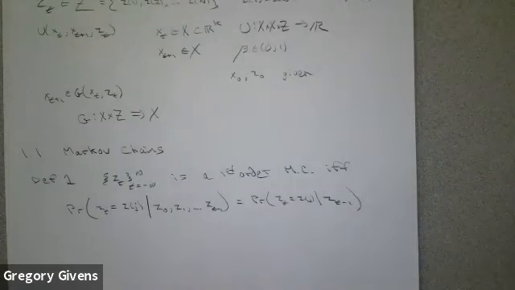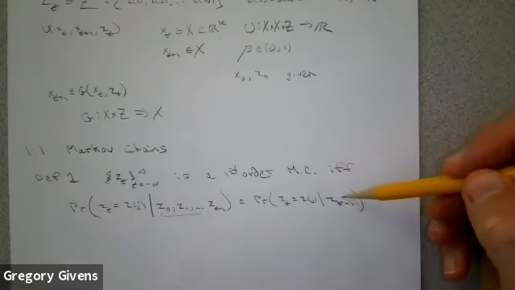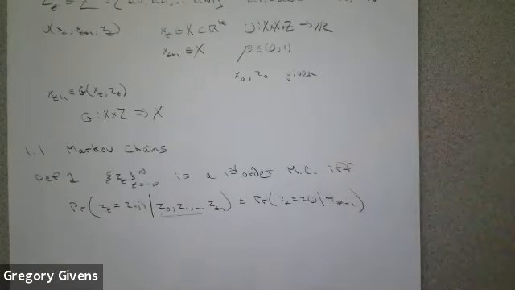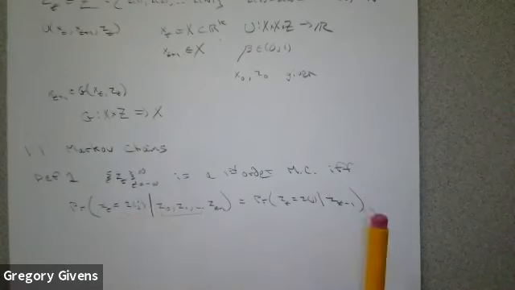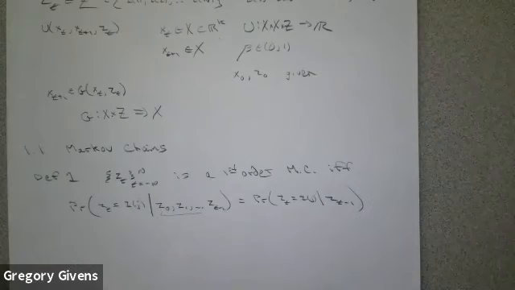The stochastic process for Z follows a first order Markov chain if that conditional probability doesn't depend on any of the Z's from Z_0 through Z_{t-2}, but can be determined simply by observing what last period's shock was. In other words, all the information you need to determine the conditional distribution of Z_t is contained in the value of the shock in the last period. If that is true, then Z takes on this first order Markov property.